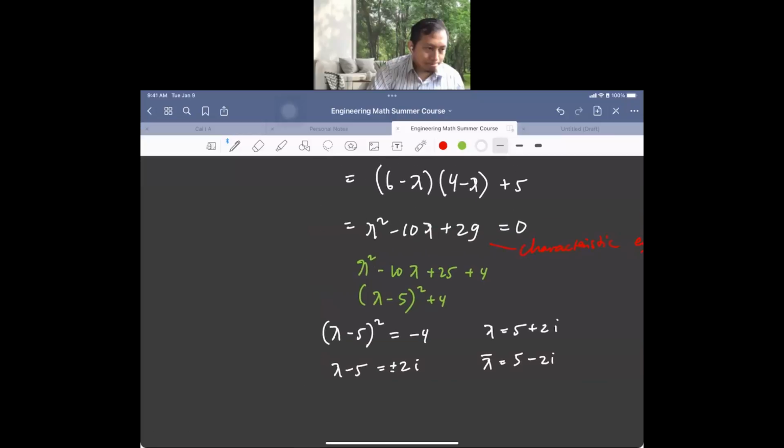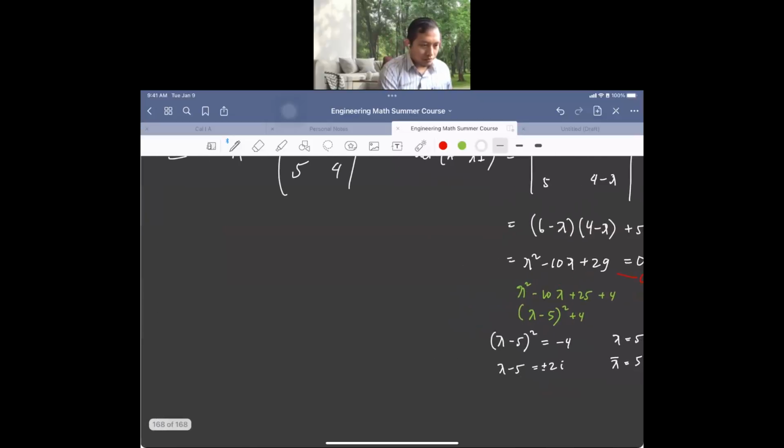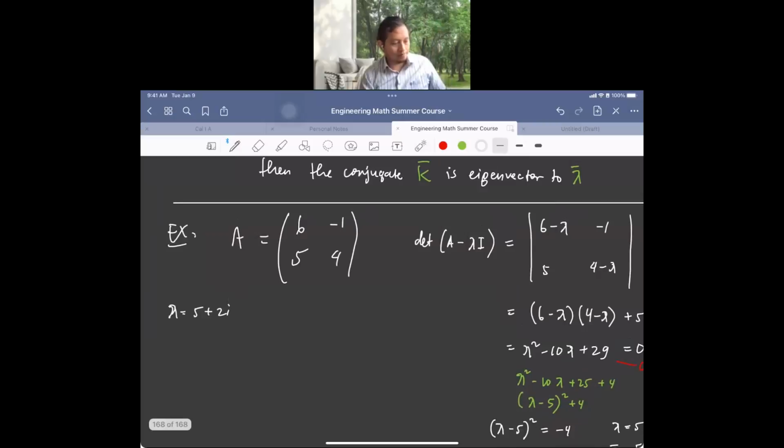Okay. And then we can use this to solve for the eigenvectors. So lambda is 5 plus 2i.